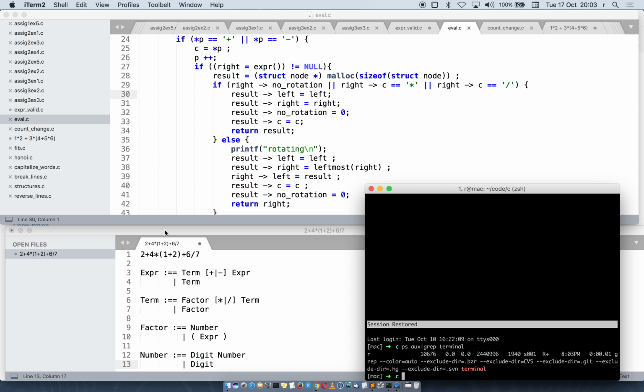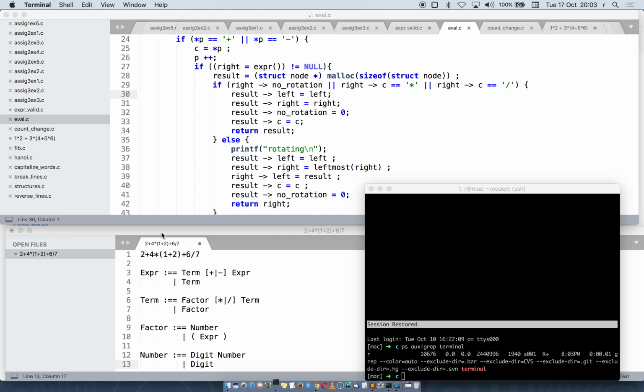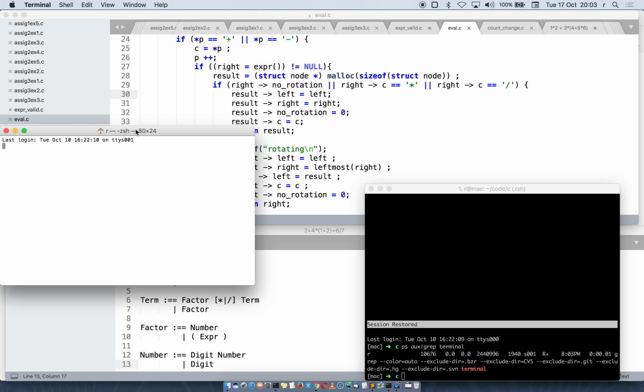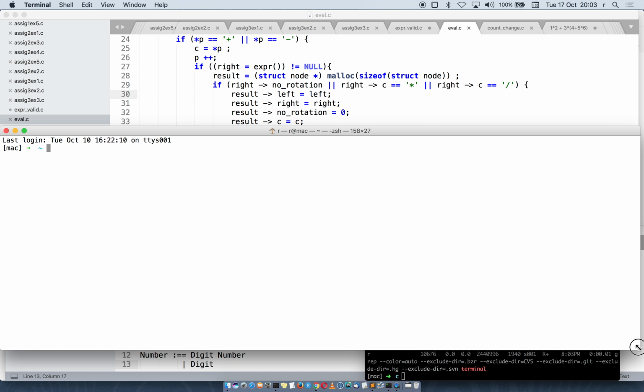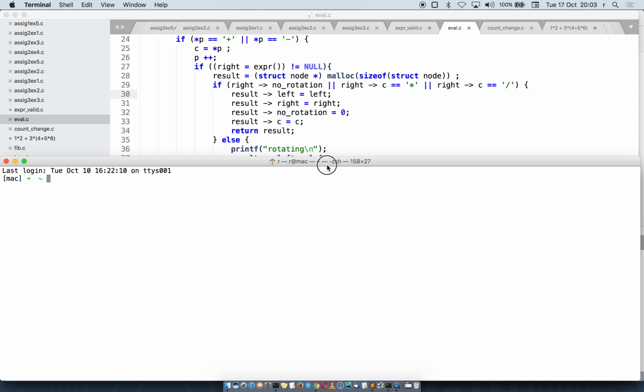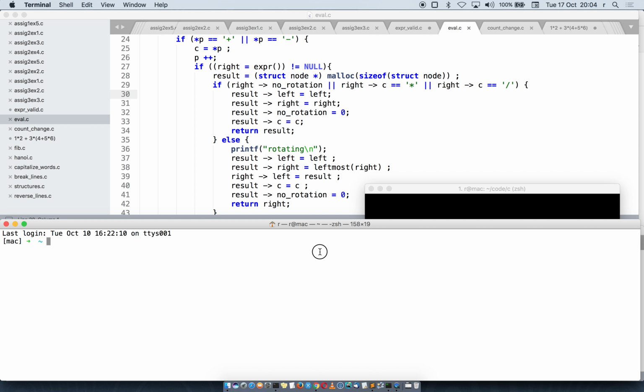Well, you're going to go through this when you're debugging your own code.